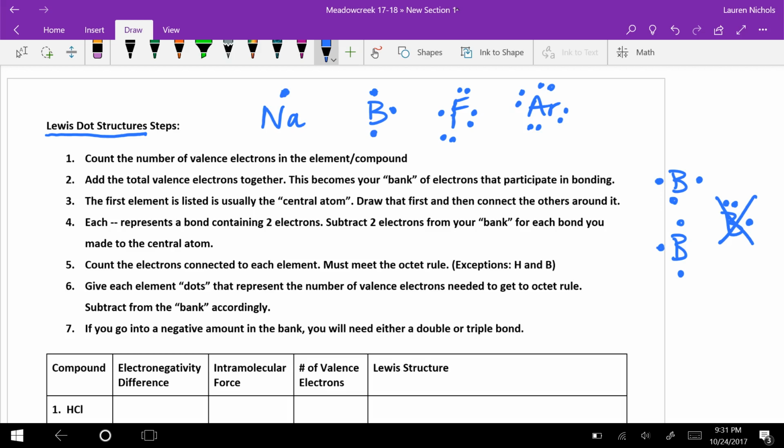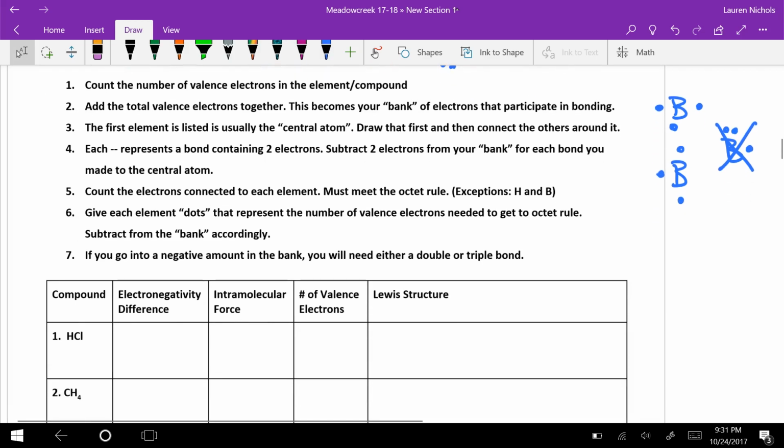So I have the steps listed here. But one of the best ways to really do this is to actually just practice and see it happening. So first thing we're going to look at is hydrochloric acid, HCl. So chlorine has an electronegativity value of 3.0.